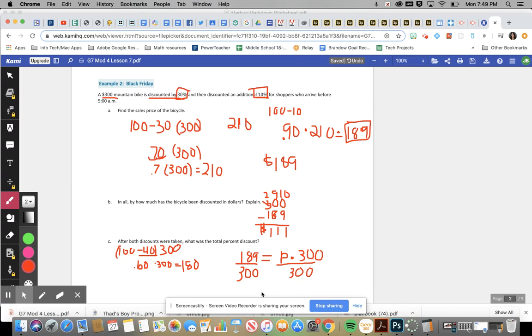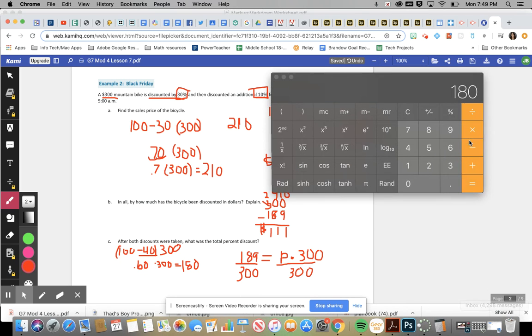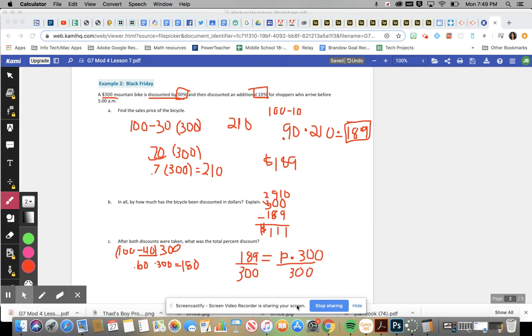And then I'll take 189 divided by 300. Which gives me 63.63.